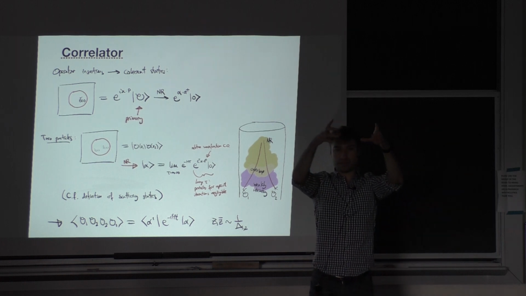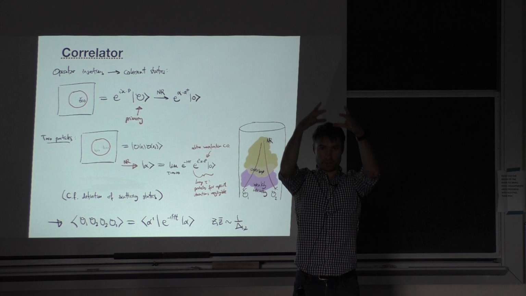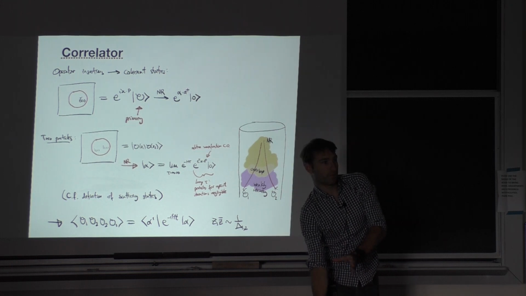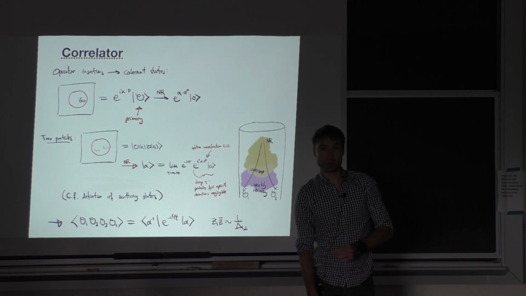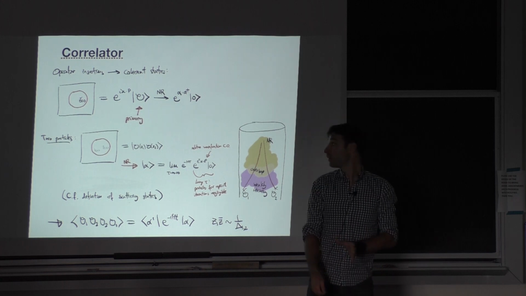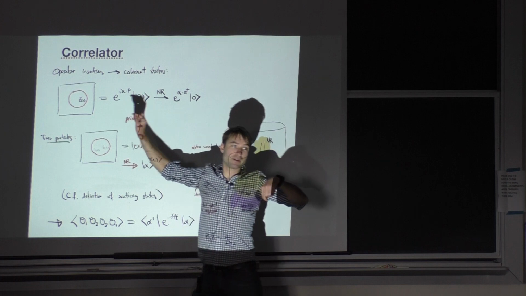We'll think now about living in Euclidean signature, and we'll imagine we have our global AdS cylinder. We can insert an operator at negative infinity Euclidean time, and inserting an operator down there just corresponds to creating a primary state, if it's a primary operator.